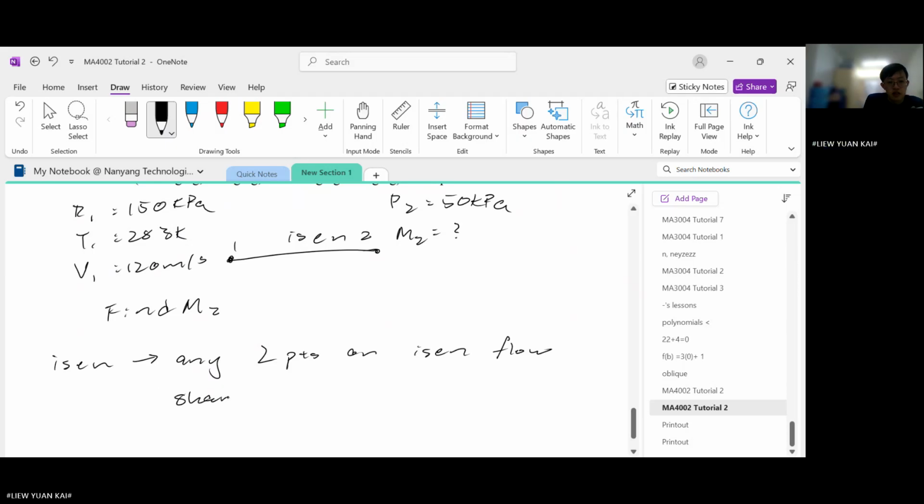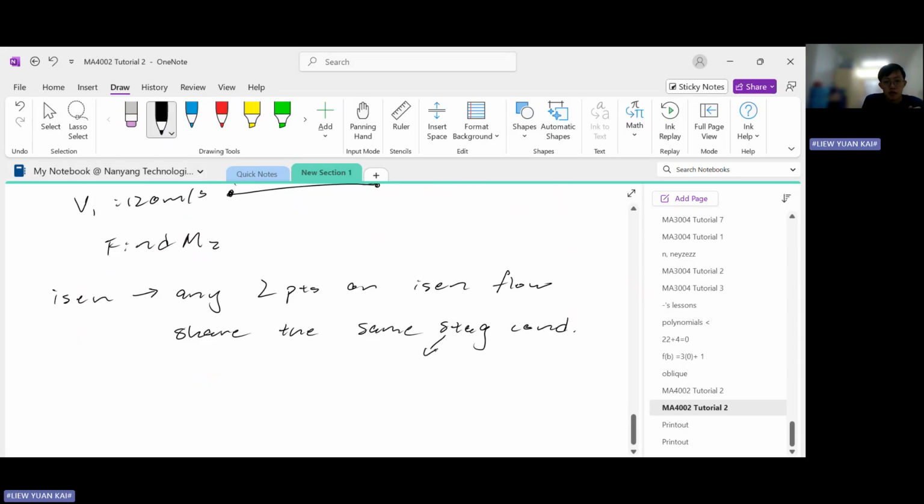And what do I mean by stagnation conditions? The T naught, P naught, rho naught are the main stagnation conditions.